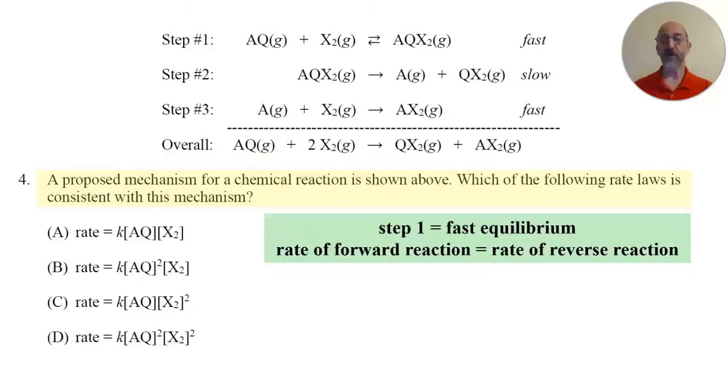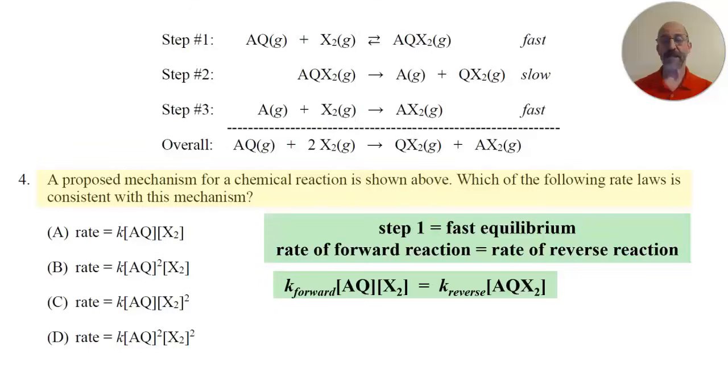I'm going to write the rate law for the forward reaction as rate constant K forward times the concentration of AQ times the concentration of X2, because I see one particle of AQ and one particle of X2 on the reactant side in step 1, but then that would equal the rate of the reverse reaction, which would be a different rate constant for step 1, K reverse, times the concentration of AQX2.